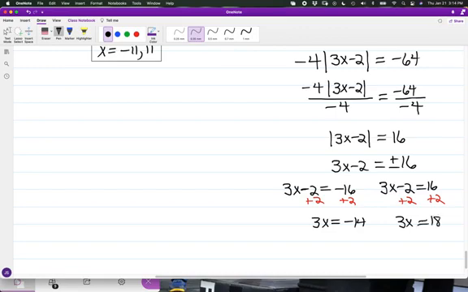So for what we're going to have at the lower end, with division by 3, we have negative 14 thirds, and with the same follow through for what we have at the upper end, x is equal to 6.